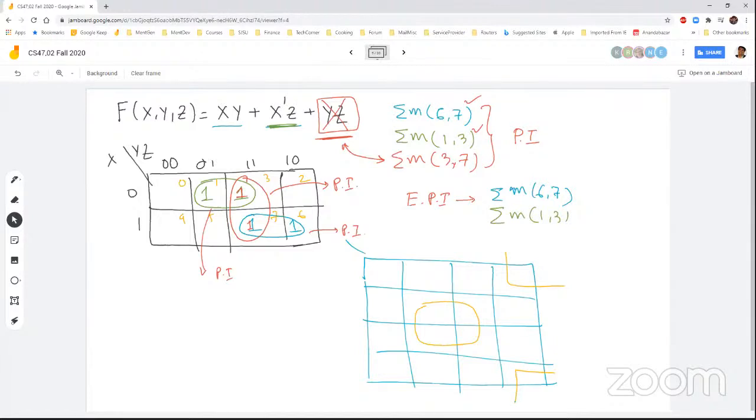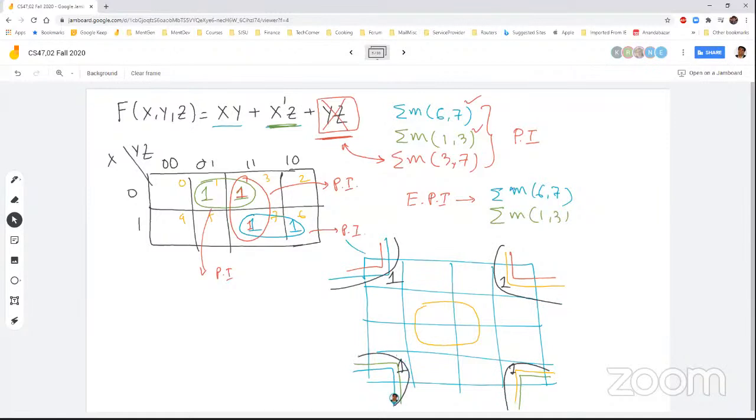And this corner, let me put a different color, this corner and this corner are neighbors. Now this corner and this corner are neighbors. And this corner and this corner are neighbors. So overall, if you see 1, 1, 1, 1 in the 4 corners, you can actually make these 4 corners a group.